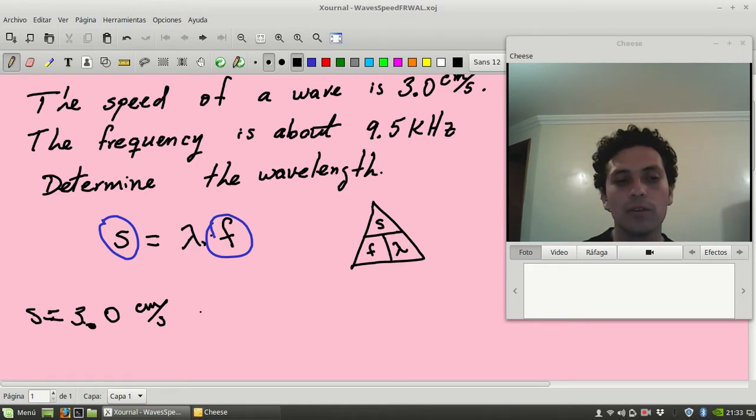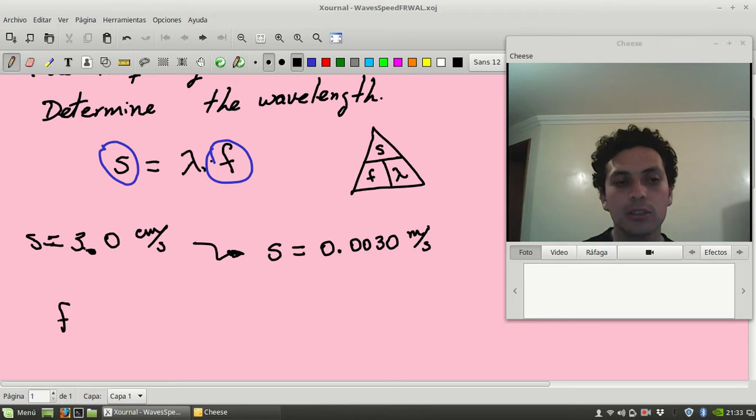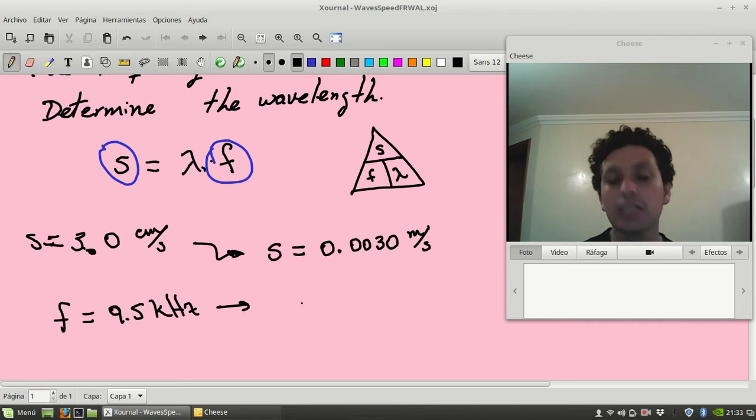So you know that if you want it in meters, you have to divide by 100. So the speed is going to be 0.0030 meters per second. Okay, and the frequency is 9.5 kilohertz. So the frequency, 9.5 kilohertz, we're going to convert into hertz.